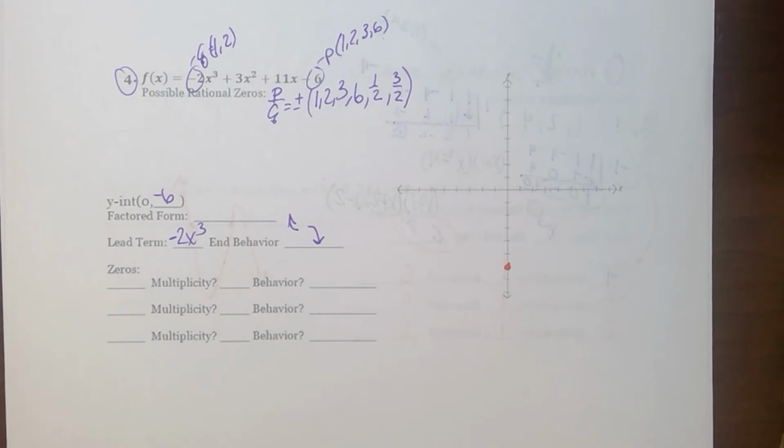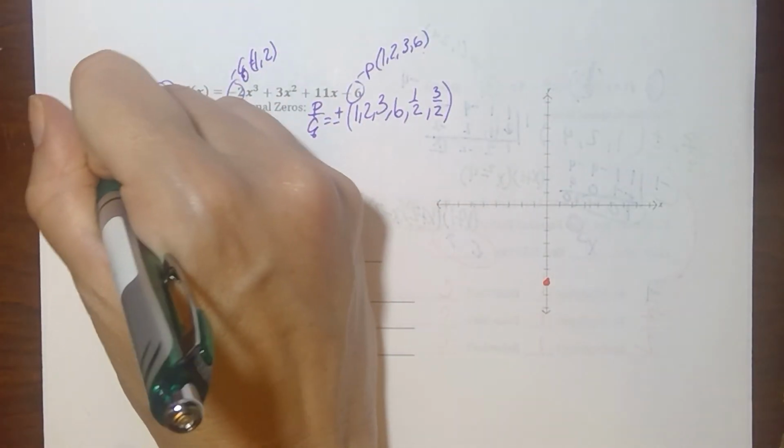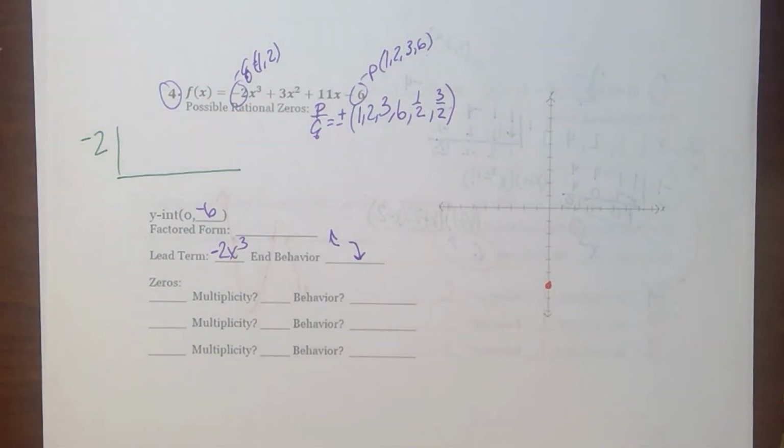And I'm going to tell you that all 3 of my zeros are rational zeros. They are all values on this list. For the sake of time, we're going to go ahead and pick one that I know works. If you're doing this on your own, you're just going to have to use trial and error till you find one that works. I'm going to give you a hint and tell you that negative 2 is one of my rational zeros.